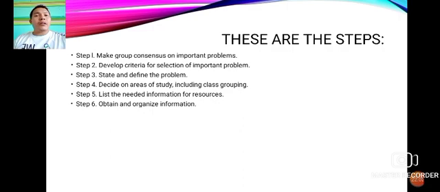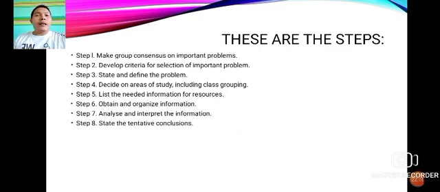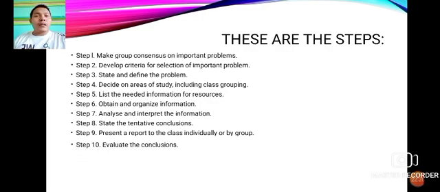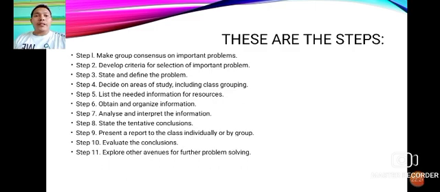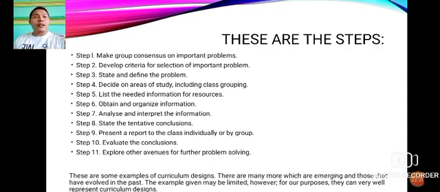Six is obtain and organize information. Seven is analyze and interpret the information. Eight is state the tentative conclusion. Nine, present a report to the class, individually or by group. Ten is evaluate the conclusion. And eleven is explore other avenues for further problem solving.